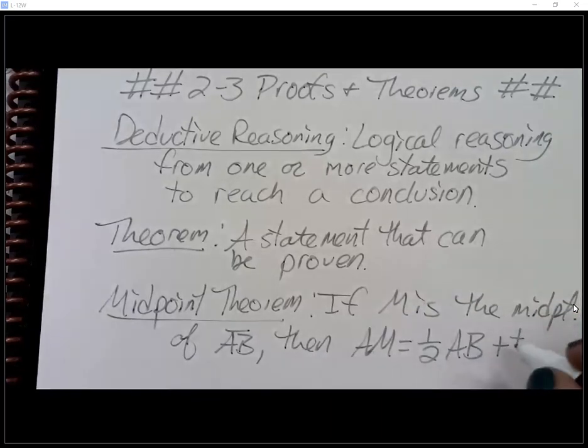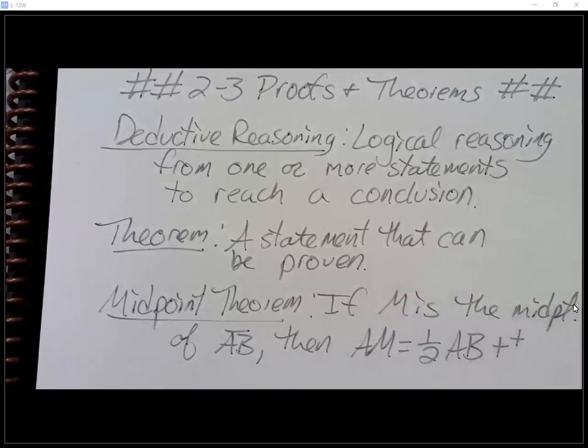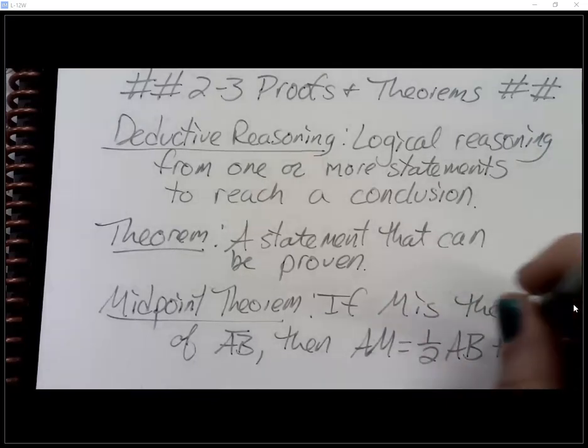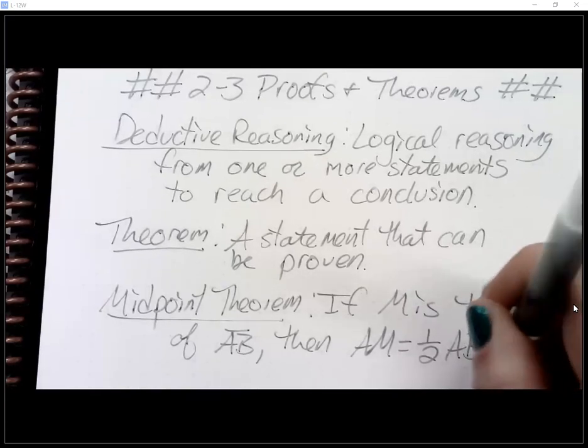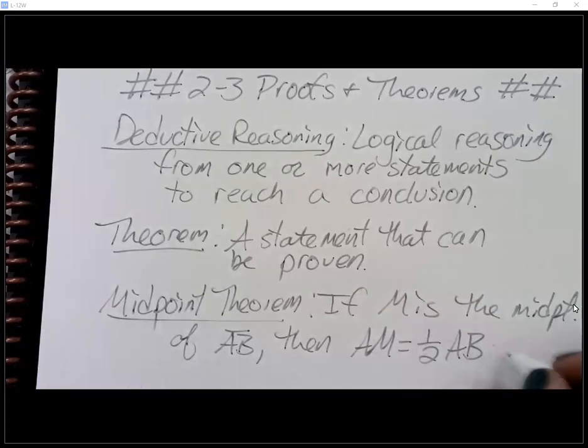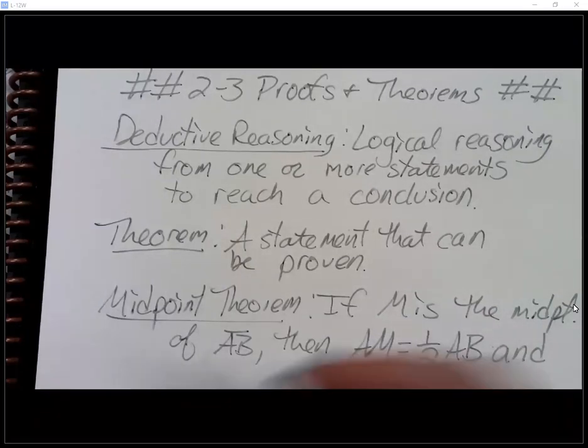Oh, wait, do I have this written out right? Oh, I meant that as separate things. AM is equal to 1/2 of AB, and not plus. And MB is equal to 1/2 of AB. There we go.